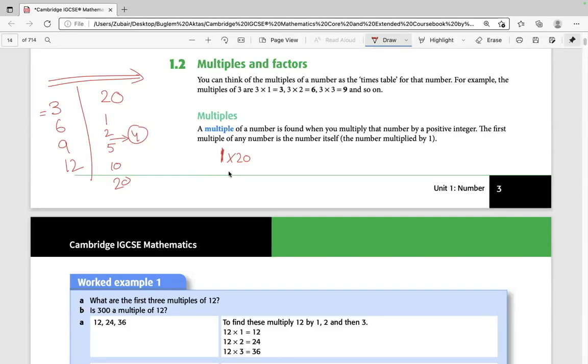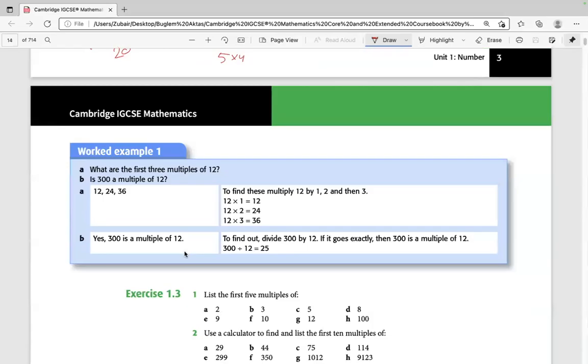And when we were talking about 2, we knew it was 2 times 10. So that's how we think once and we get two answers. And then it was 5 times 4 is 20. And we got all of our factors. So we have no doubt in factors and multiples.